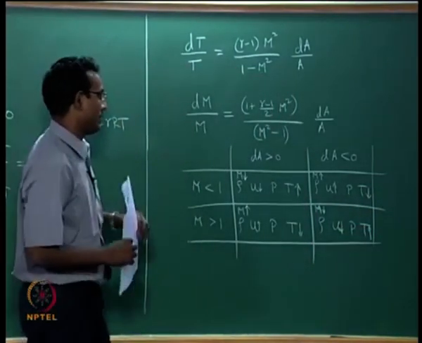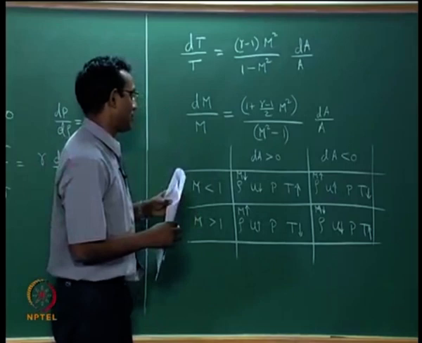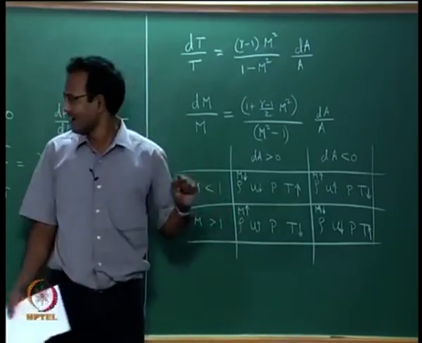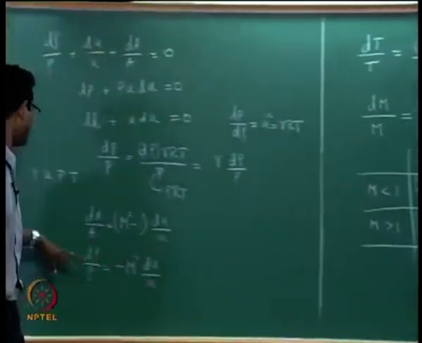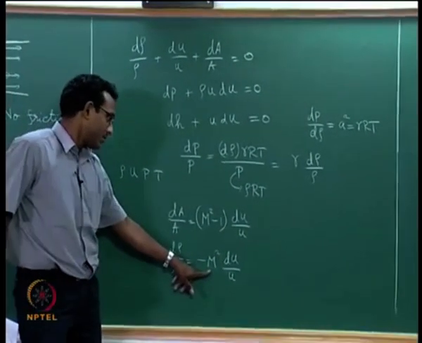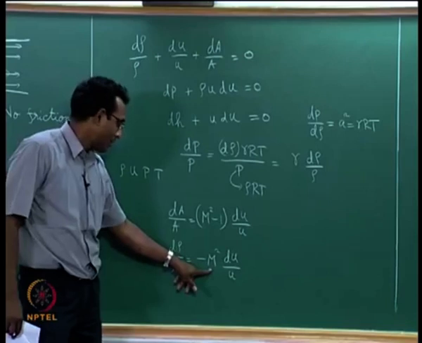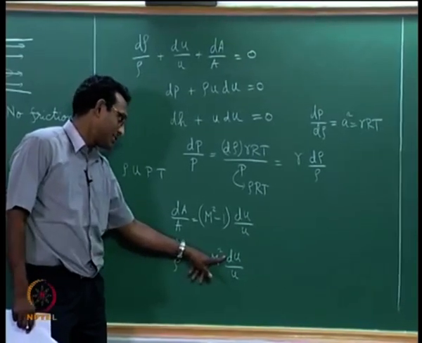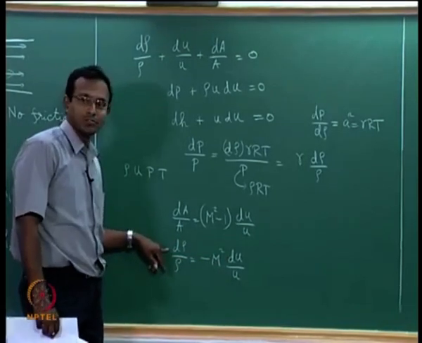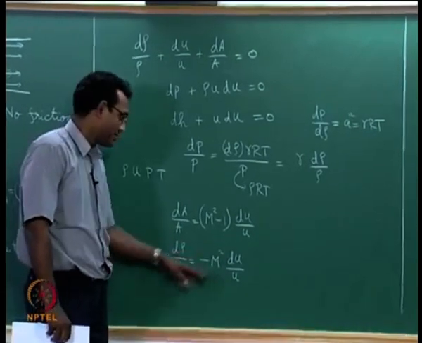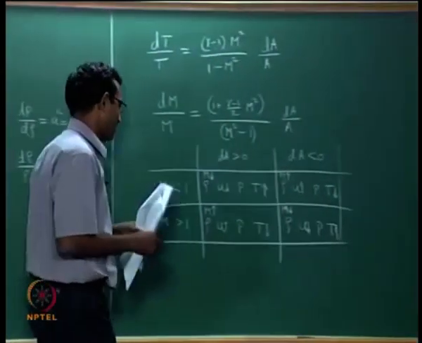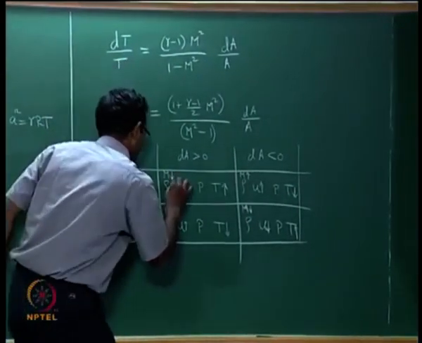Okay. Now, we can also show from the momentum equation, and in fact, we have already derived this, whatever be the Mach number, M square is always positive, which means if there is a velocity change, the density change will be opposite of that, because there is a minus sign. If this increases, this decreases. Okay, can always tell that. If velocity increases, density decreases.